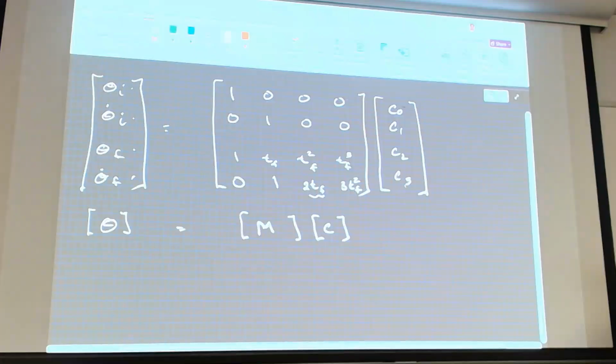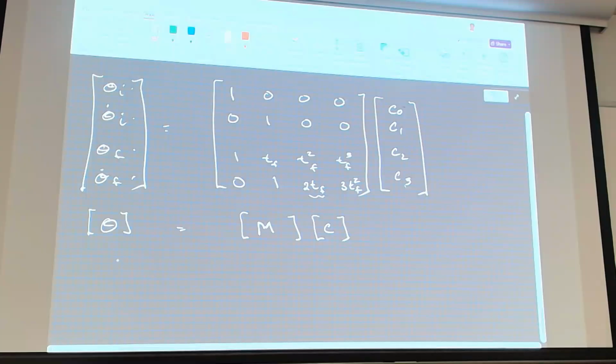The matrix is my matrix that relates those two together. And this is my starting, ending, positional information. Could be my nth order time derivative of position, first order, second order, whatever I want.